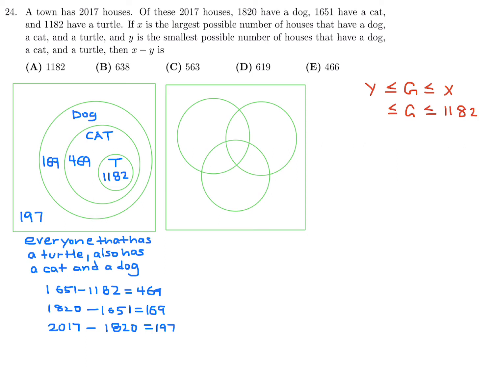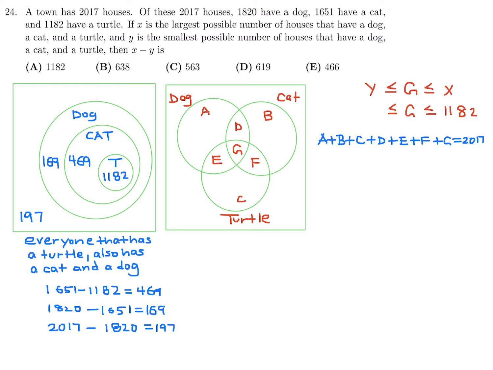And now we have to search for Y. In this Venn diagram, I'll label it A, B, C, D, E, F, G, where G is representing the people that have a dog, a cat, and a turtle. So this represents the dog circle, this is the cat circle, and this is the turtle circle. So from that diagram, we get a couple of equations here. The first equation is, of course, A plus B plus C plus D plus E plus F plus G. That's everybody, and everybody is 2017 homes.